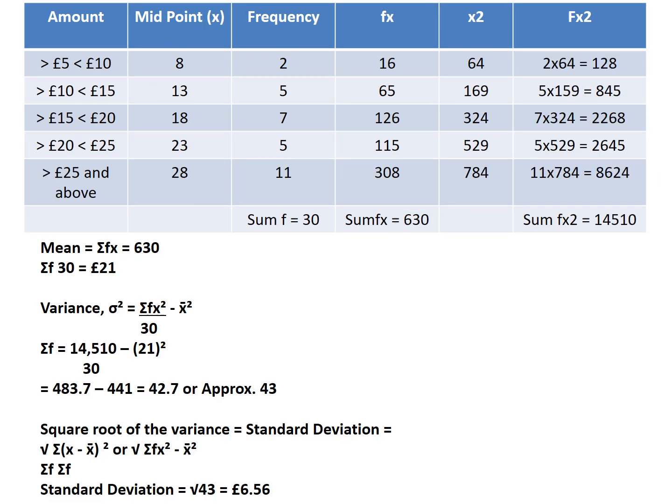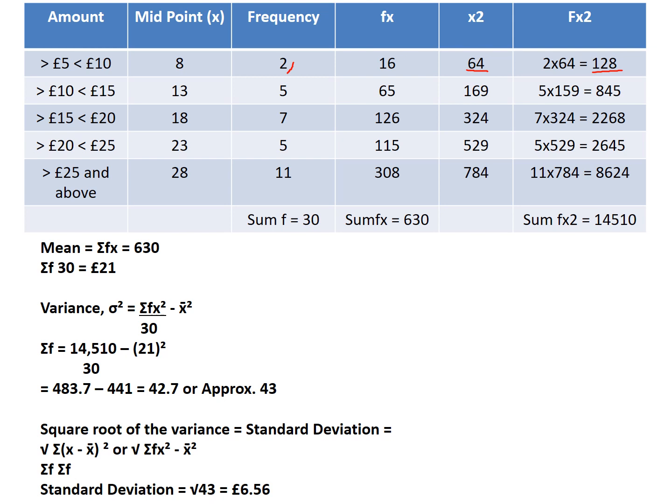So now we've done f times x, which gives us this x squared was 64 in this box, for instance, times by the frequency, which was here 2, gives you 128 here. And likewise we complete the rest. 169 times should be 13.